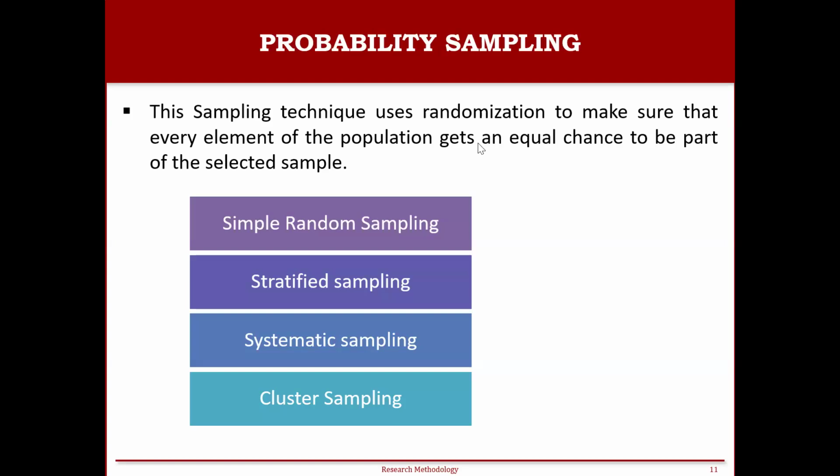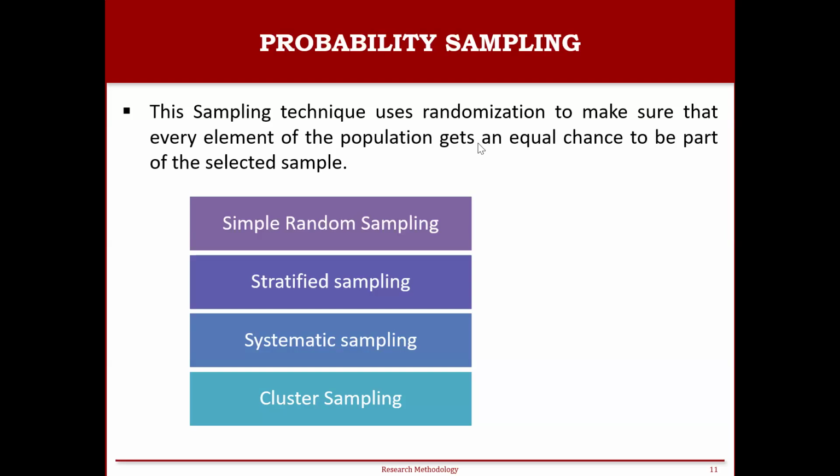And then systematic sampling is there. Systematic sampling means, in systematic sampling, what you do is you select every nth individual from a list of the population, right?